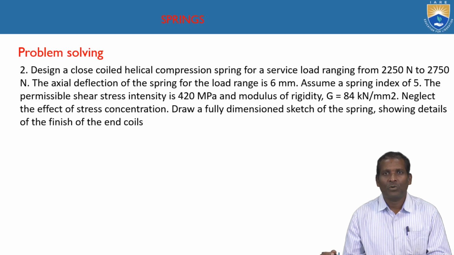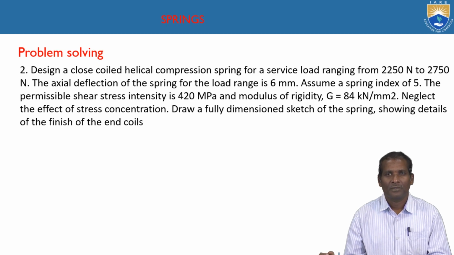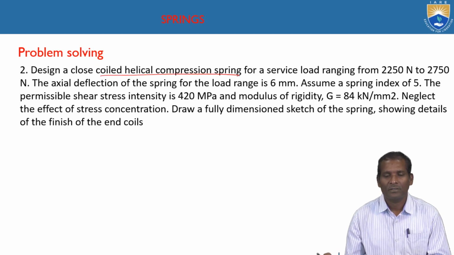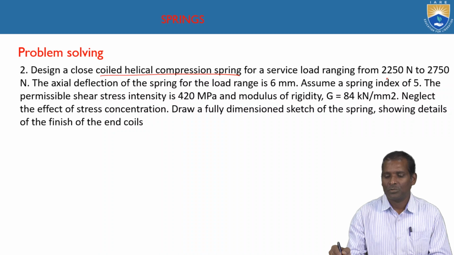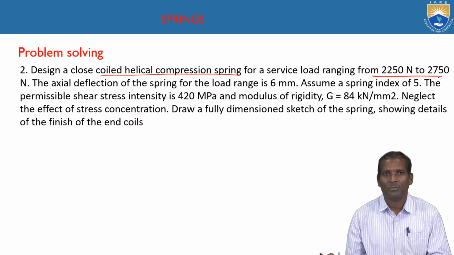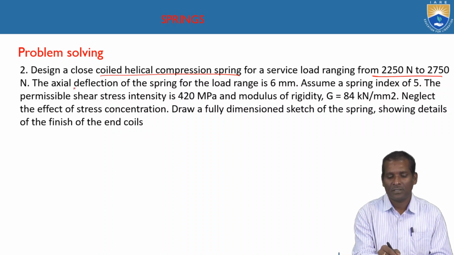Design a closed coiled helical compression spring for a service load ranging from 2250 newtons to 2750 newtons. The axial deflection of the spring for the load range is 6 mm. So here the given type of spring is closed coil helical spring, and the service load ranges from 2250 newtons to 2750 newtons. The axial deflection of the spring for the load range is 6 mm.